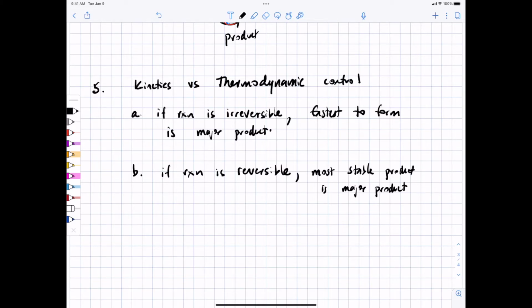It just has to do with whether the reaction's reversible or not, and if it's reversible, then you get the most stable product. If it's irreversible, you get the product that's fastest to form. You may find situations where the product that's fastest to form is also the most stable product. The E2 reaction is an example of that, where you get the most stable alkene even though the E2 reaction is basically irreversible.